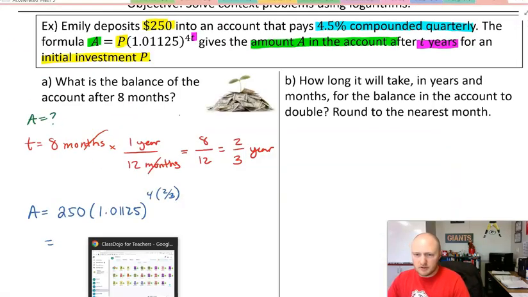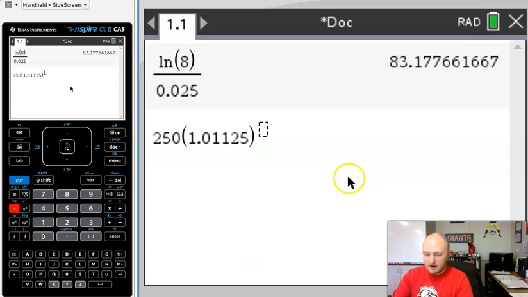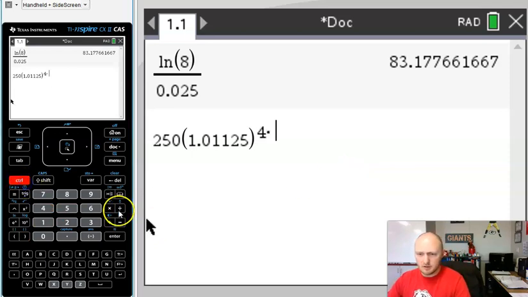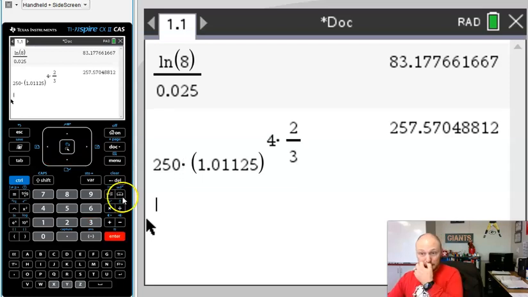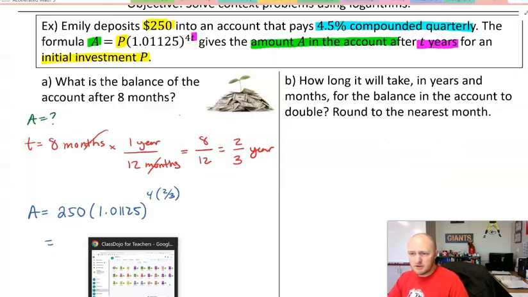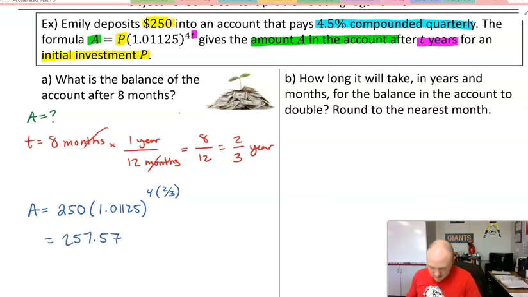All right, so let's compute this. We have 250 times 1.01125 to the power of 4 times 2 divided by 3. Okay. So we get 257.57.